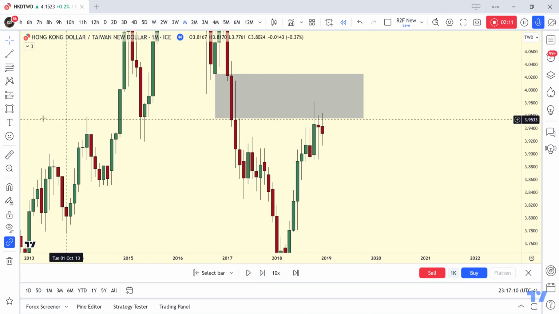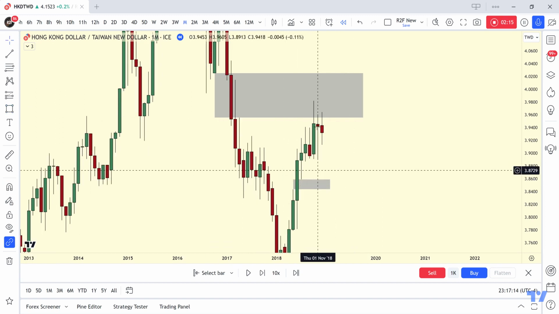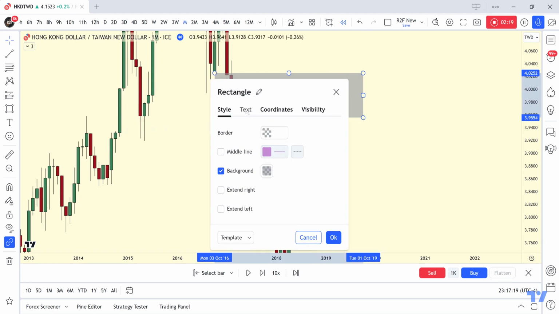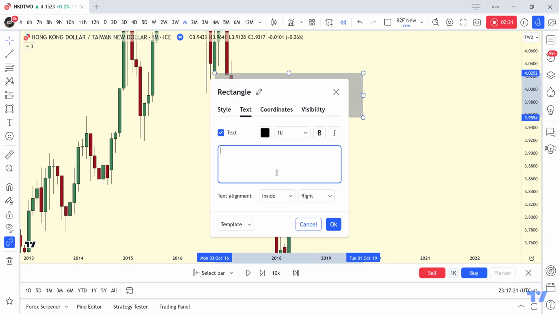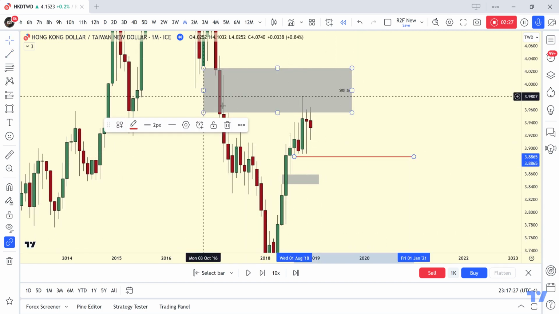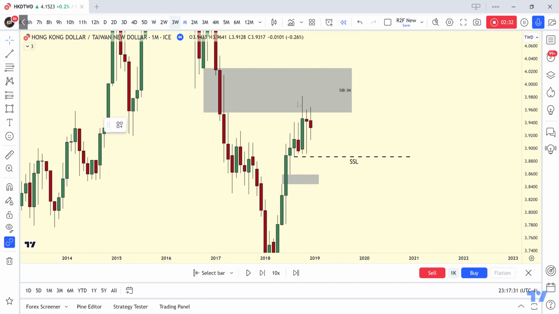Okay, it's equal lows here, so this was the 3-month CB, right? So I don't forget. Lows here. Okay. Sell side. Took out this. Do we move lower or do we move higher?